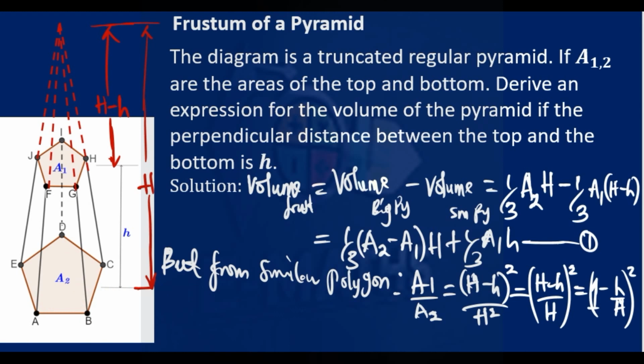So if we substitute, now we see that the volume of the frustum is now equal to 1 over 3 a2 minus a1 times h, and h is square root a2 times square root a2 plus a1 times h over a2 minus a1 plus 1 over 3 a1h.